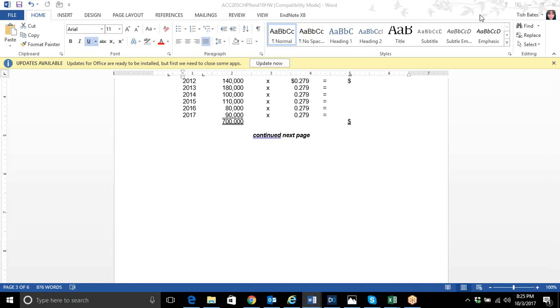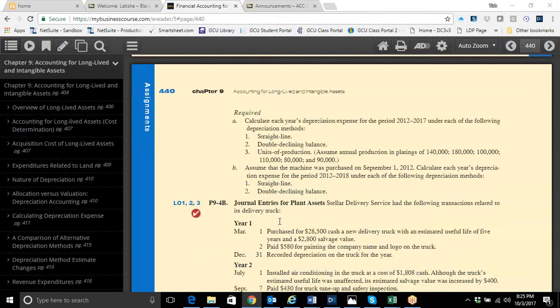So Part A is the way that you would typically calculate it, right? Part B is a little bit different. Part B is asking you to assume that the machine was purchased on September 1st. The first part is saying it doesn't matter when you purchased it; it didn't give you that number. The second one is talking about purchasing it on September 1st, 2012.